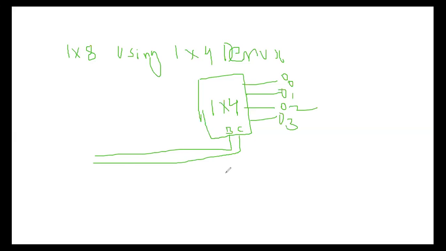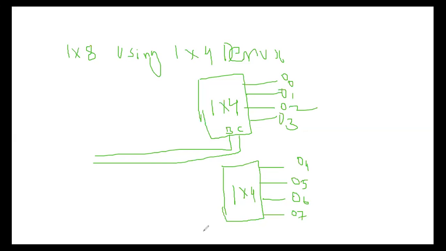And similarly for this also, the 1/4 demultiplexer, the outputs of the second one are connected as O4, O5, O6 and O7.